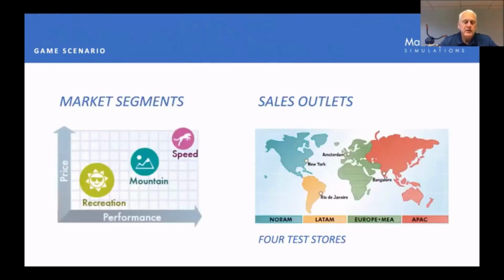There are three market segments. The recreation segment is, as the name suggests, people who are out riding a bike in a casual way, probably with family members and friends, and they are on bike trails. And it's not too rugged of an environment, and their requirements are simpler than many others.